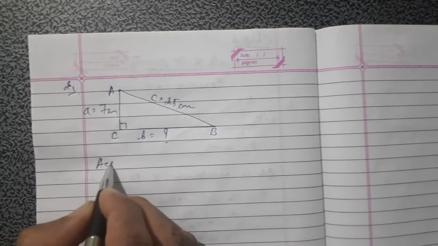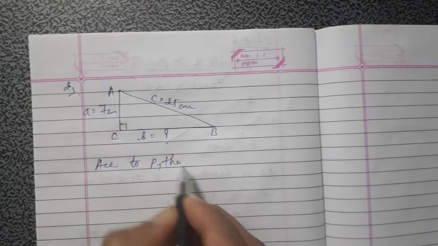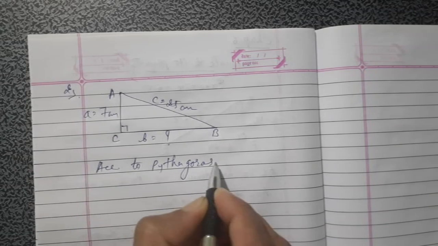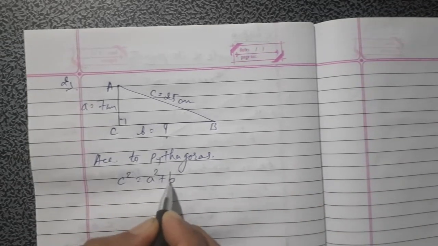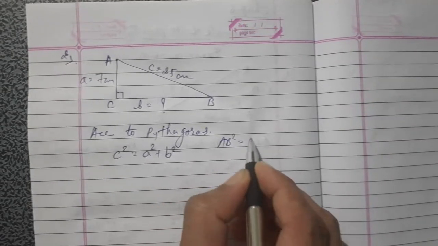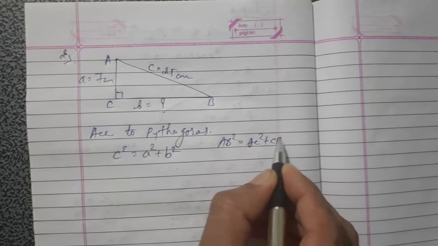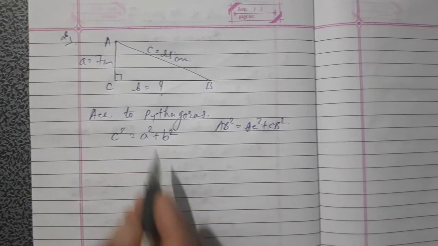So same here, according to Pythagoras, C square equal to A square plus B square. Otherwise you just write down AB square equal to AC square plus CB, or BC, square. Now put the values.